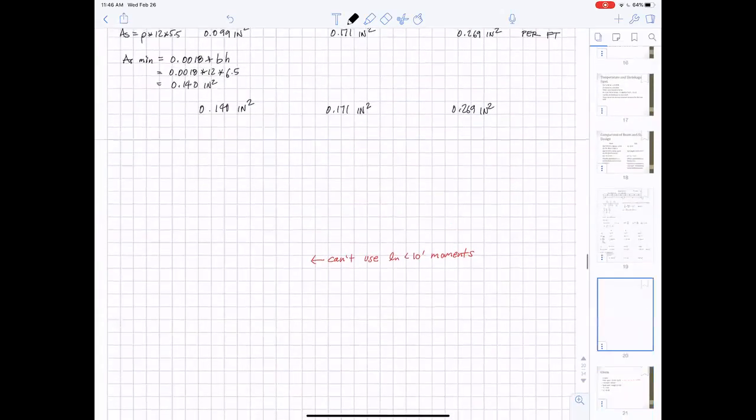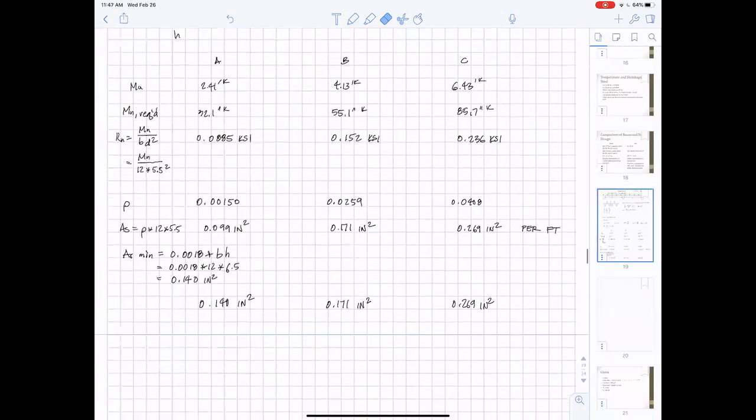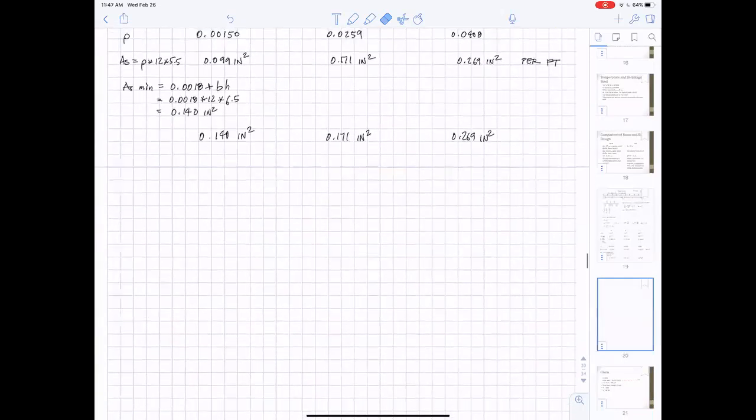Let's see what's happening here. Delete that. Well, that's actually not in there. Okay, well, there we go. So we'll pick these steel out from an AS per foot table in a little bit. But for now, let's just summarize what we have.